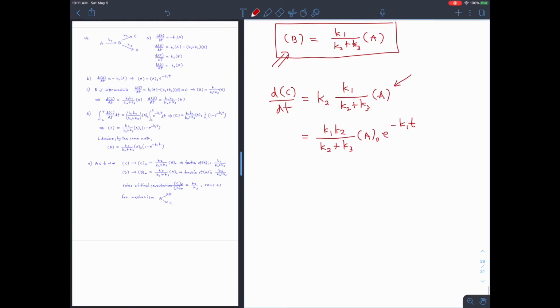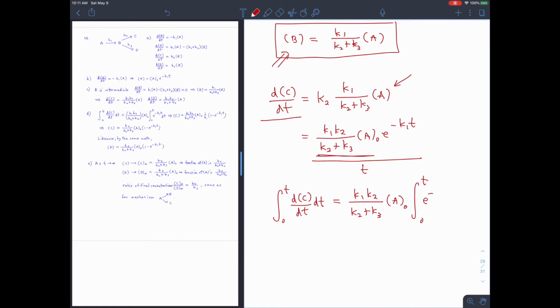And now to solve this differential equation, we have nothing but time on this side, things that depend on time on this side, and we have the time derivative on this side. So if we just take the integral of both sides, the integral from 0 to t of dC/dt has to equal all these constants in front times the integral from 0 to t of e to the minus K1t dt.